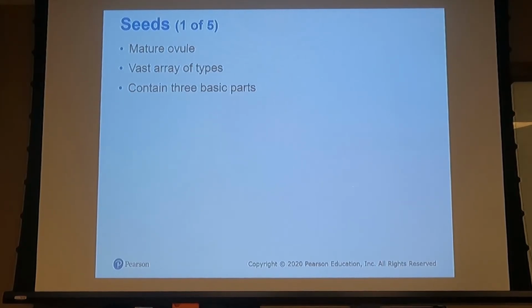The seeds are actually a mature ovule. There are many types, but they all contain three basic parts: the embryo, the food storage tissue, and finally the seed coat.